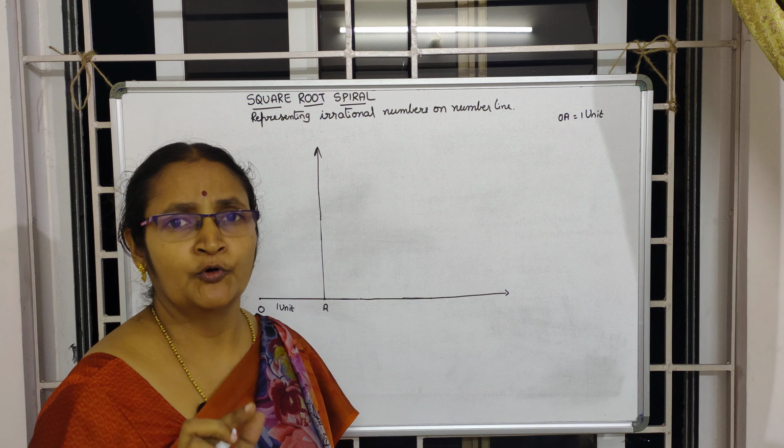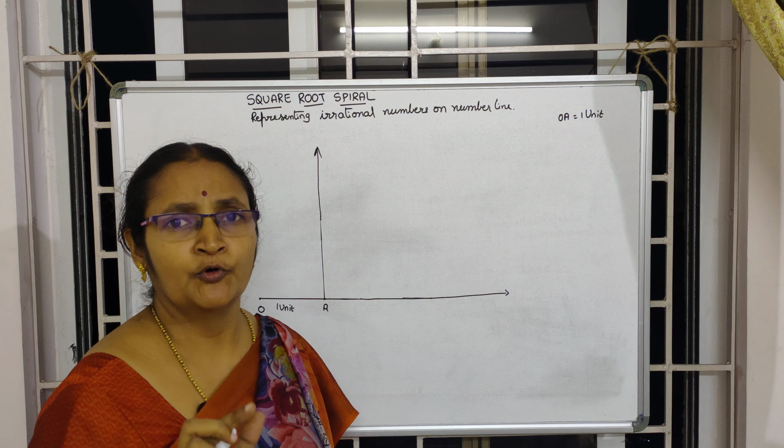Now I have to draw a perpendicular line to OB. This is OB. To this I am drawing the perpendicular line. Got it now?